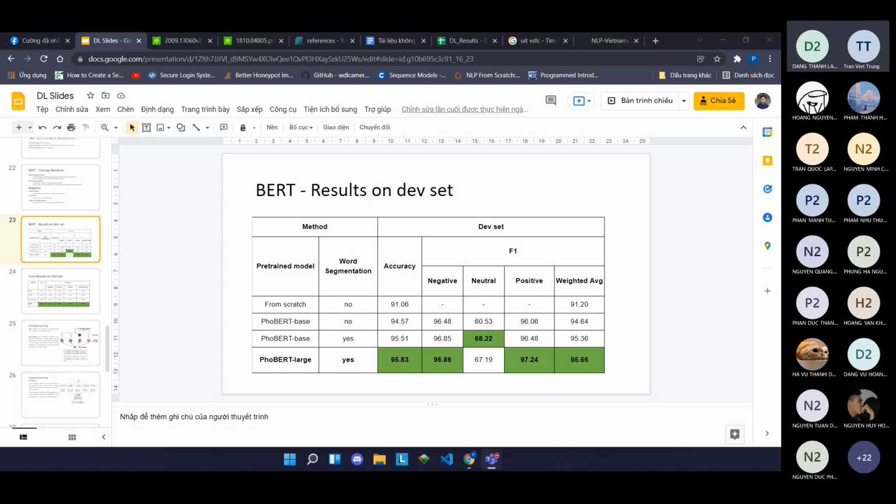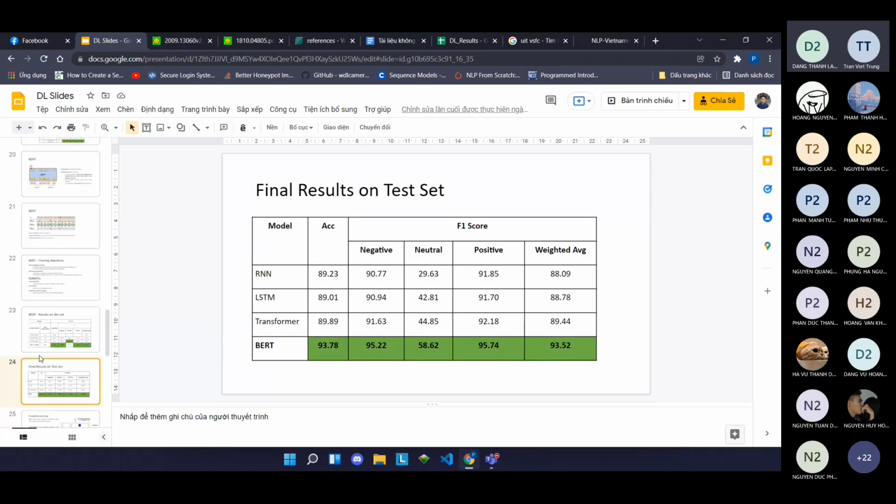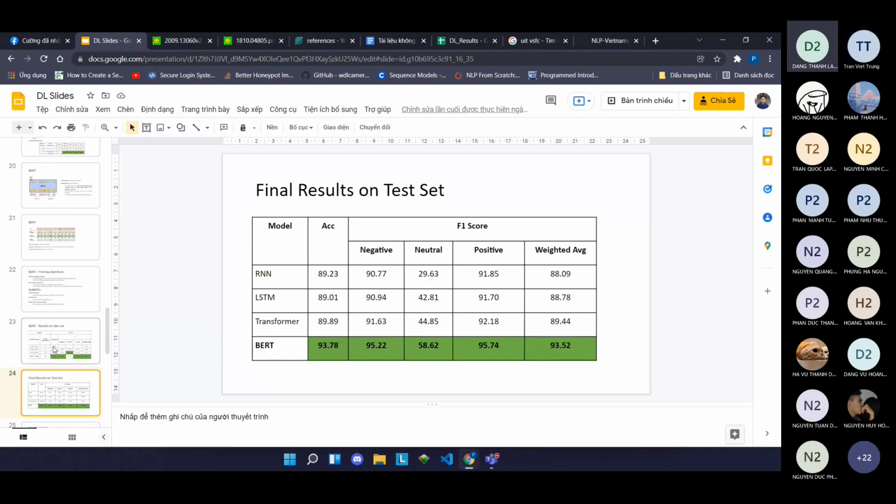So why do we see differences in performance between the transformer and the BERT? Because the transformer was pre-trained only with the student feedback dataset, and the BERT model used the ViBERT pretrain, which was pretrained on about 20 gigabytes of text.